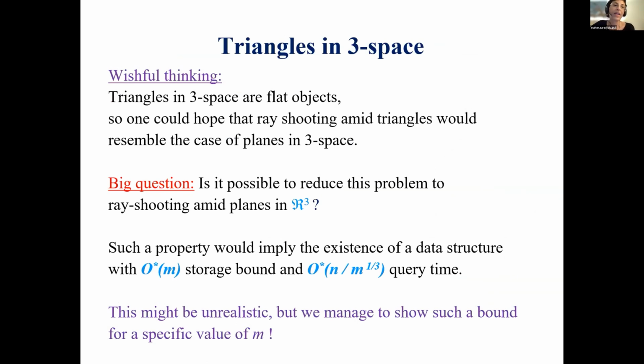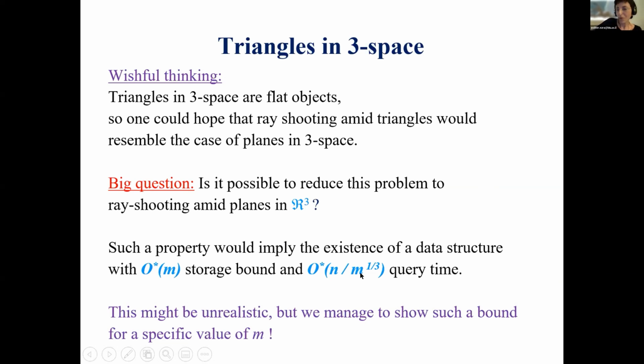Okay, and so what we hope is that since triangles in 3 space are flat objects, then perhaps ray-shooting amid triangles should resemble the case of planes in 3 space. And for planes in 3 space, we already have the bound for ray-shooting, the trade-off bound m and n over m to the 1/3.